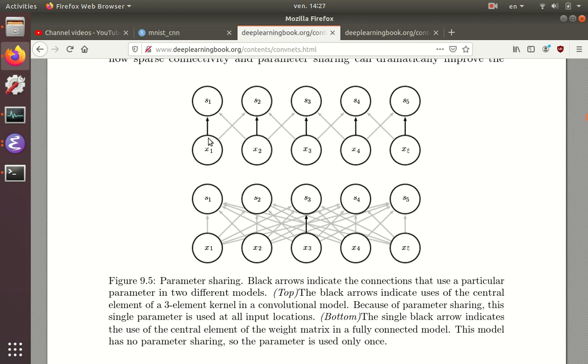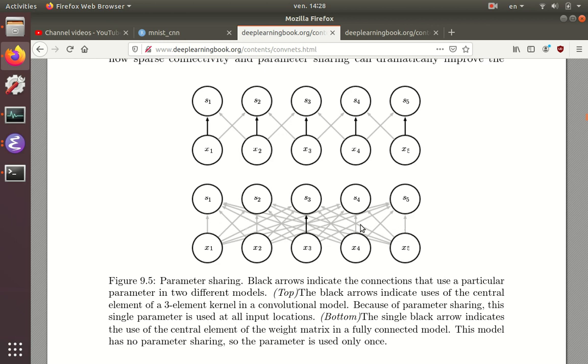All of the weights corresponding to these straight up pointing arrows are black, which means that the weight here that's used to predict S3 given X3 is the same weight that's used to predict S2 given X2, and the same weight that's used to predict S1 given X1. So instead of having distinct parameters for each of these different up arrows, as in the fully connected case where we have distinct weights, right?